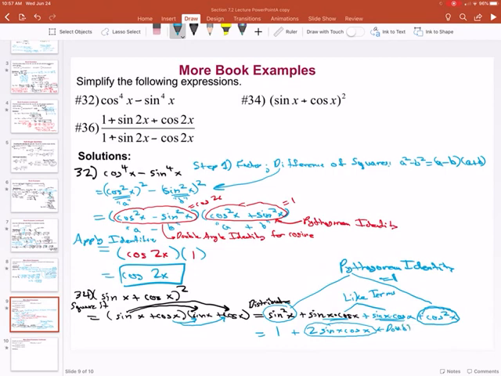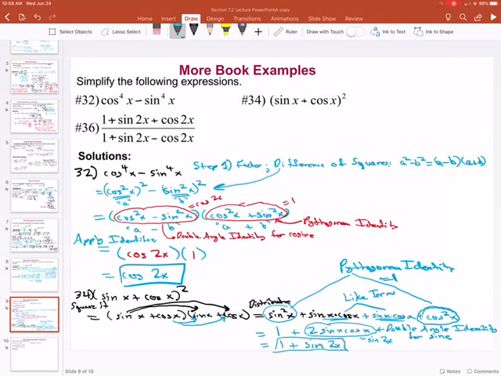We're looking at the double angle identity for sine. So let's go ahead and write that down here in our notes. Double angle identity for sine. So this is equal to sine of 2x. So in the end, we have 1 plus the sine of 2x.